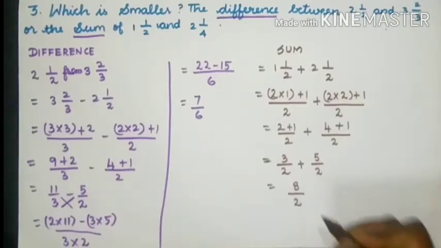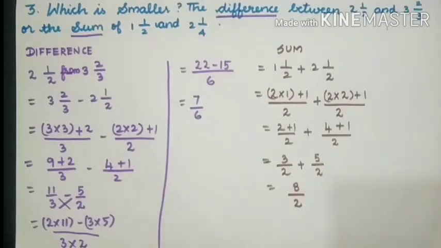3 plus 5 is 8. 8 by 2. Why do we directly add these two numerators? Because here the denominators are same, so we can easily find the sum of these two fractions. In the earlier one the denominators were not same, so we had to use cross multiplication to find the common denominator.